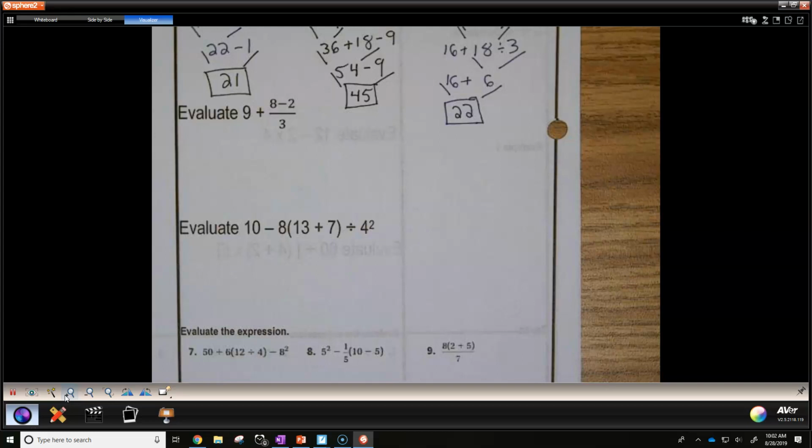If I have 1/2, that also represents my numerator being divided by my denominator. 1/2 is 1 divided by 2. 1/2 equals 0.5, because 1 divided by 2 gives 0.5.